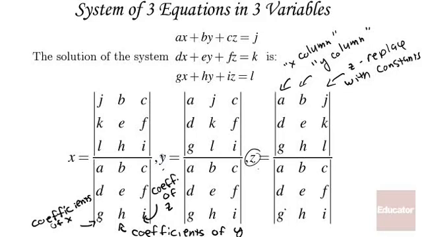If I'm looking for y, I'm going to replace this second column with the constants, j, k, and l. If I'm looking for x in the numerator, I replace that x column with the constants. So the denominator is always the same. In the numerator, these 2 columns are the same, but for x, this one's different. For y, this one's different. And for z, this one's different. Okay.